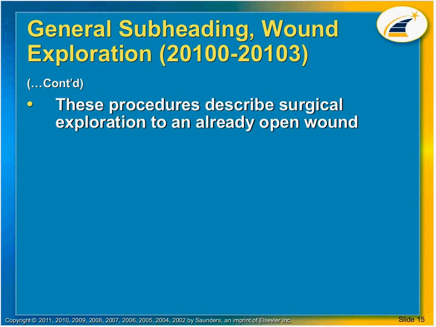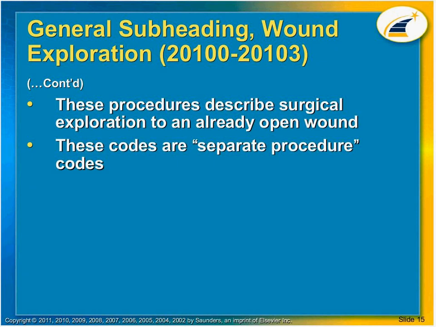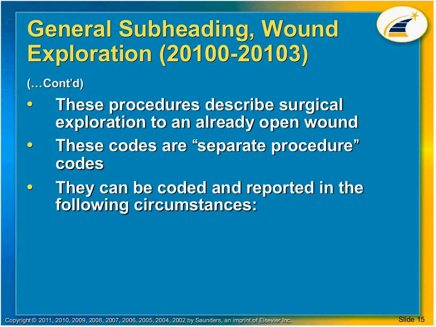These procedures describe surgical exploration of an already open wound. Codes are separate procedure codes. They are coded and reported in the following circumstances. One, if this is the only procedure performed, because the more complicated procedure would be coded, and a lot of times the wound exploration and debridement are included with the main or more complicated procedure.